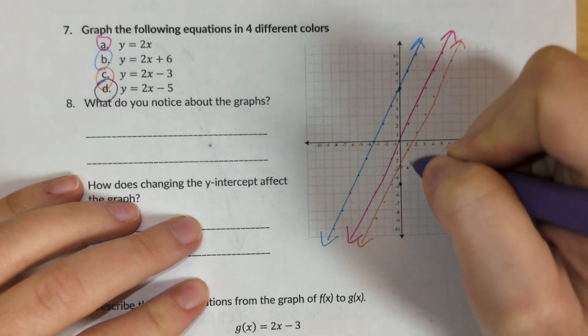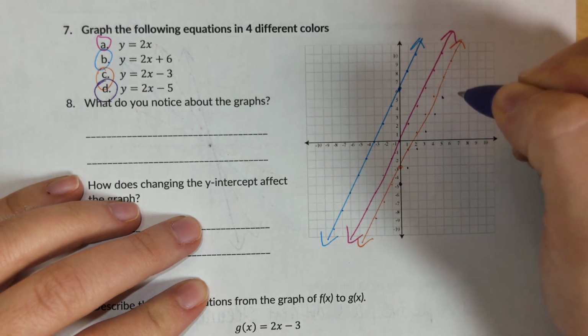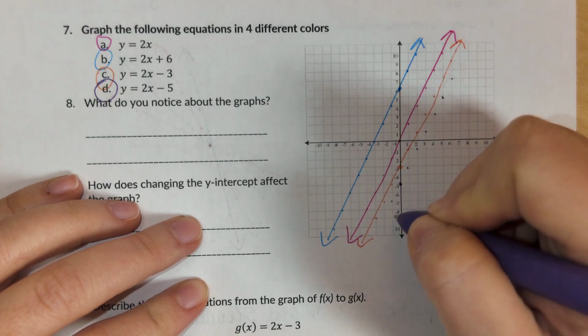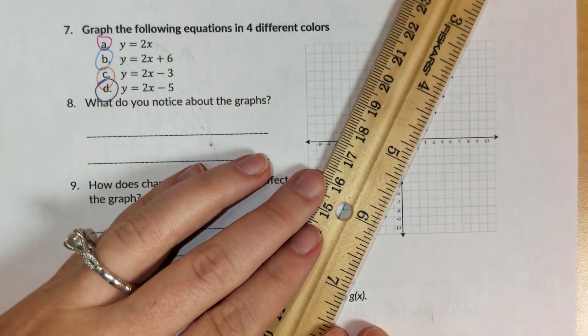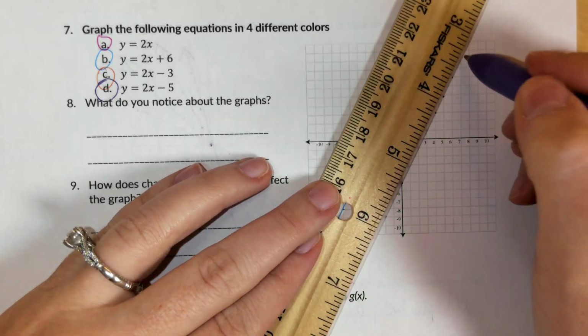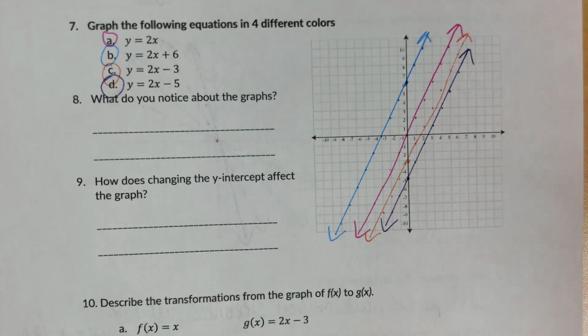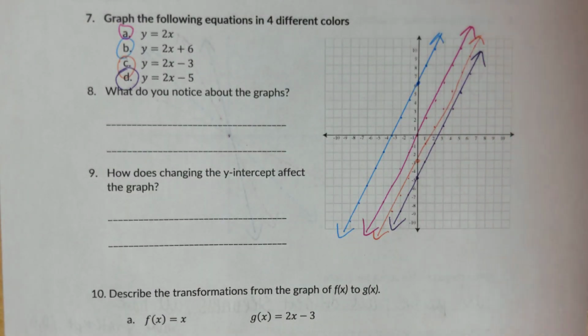You've talked about transformations in 8th grade, and so we're not going to spend a ton of time on this today, but I did want you to kind of see what these transformations mean and what happens when we change certain values in an equation and how that transforms the graph. So again, what do you notice about the graph?